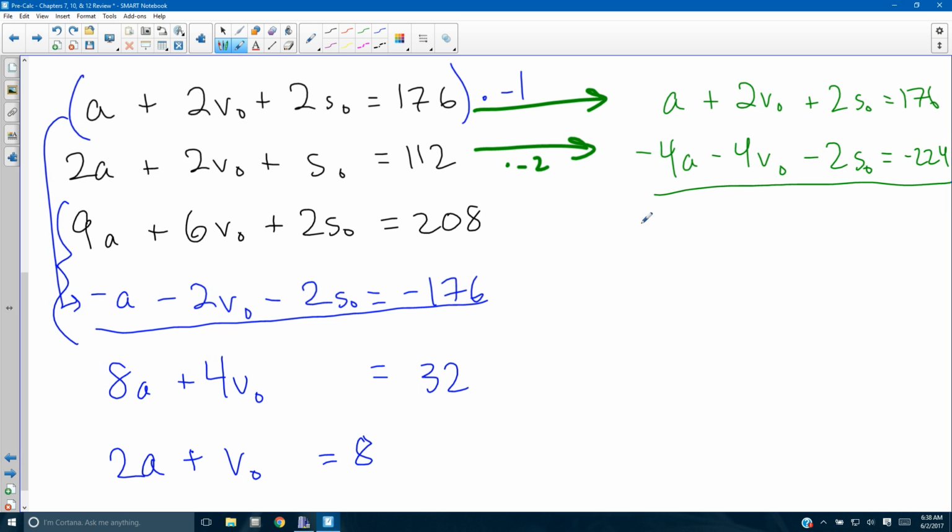Adding down the lists, I'll get -3a minus 2v naught equals -48.